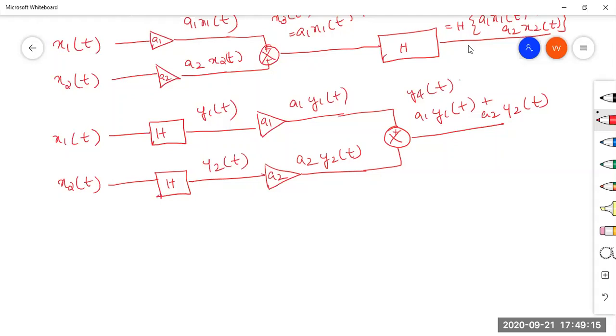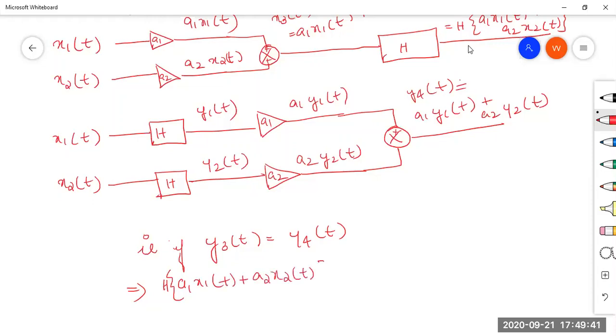Now if these two are equal, that is if y3 of t is equal to y4 of t, implies response of a1 x1 of t plus a2 x2 of t should be equal to a1 y1 of t plus a2 y2 of t.